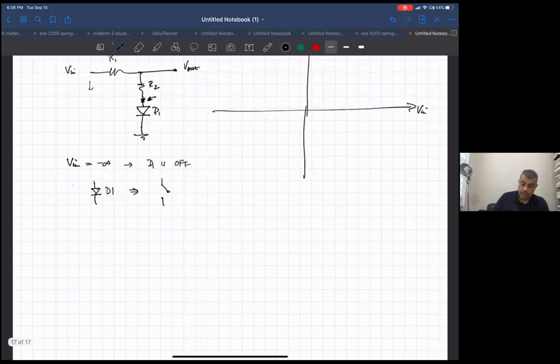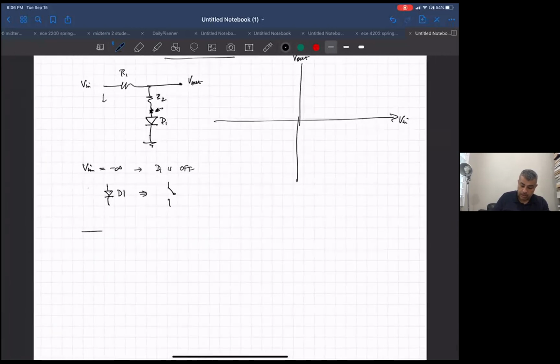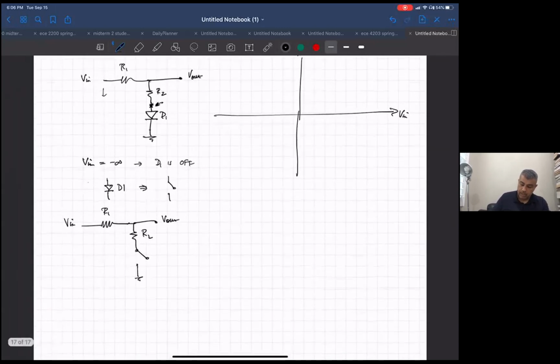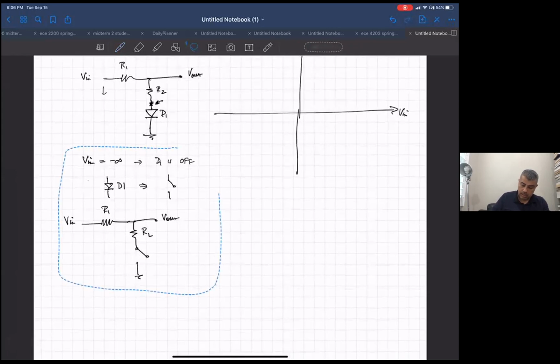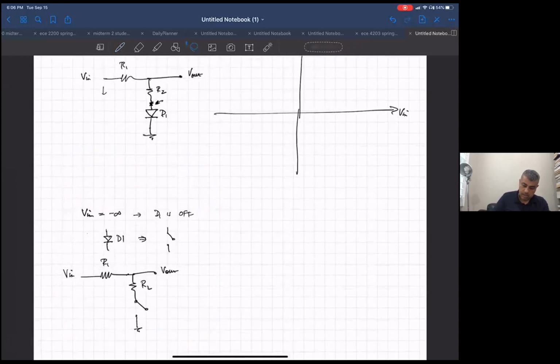Okay, so the next observation here, guys, is I recommend, and I keep getting burned because I'm a lazy person, to redraw the circuits once you make a decision. Just redraw the circuit. Sooner or later, you're going to get into trouble if you don't. So basically, we have this R1, V in, V out. Okay, so that's what it looks like.